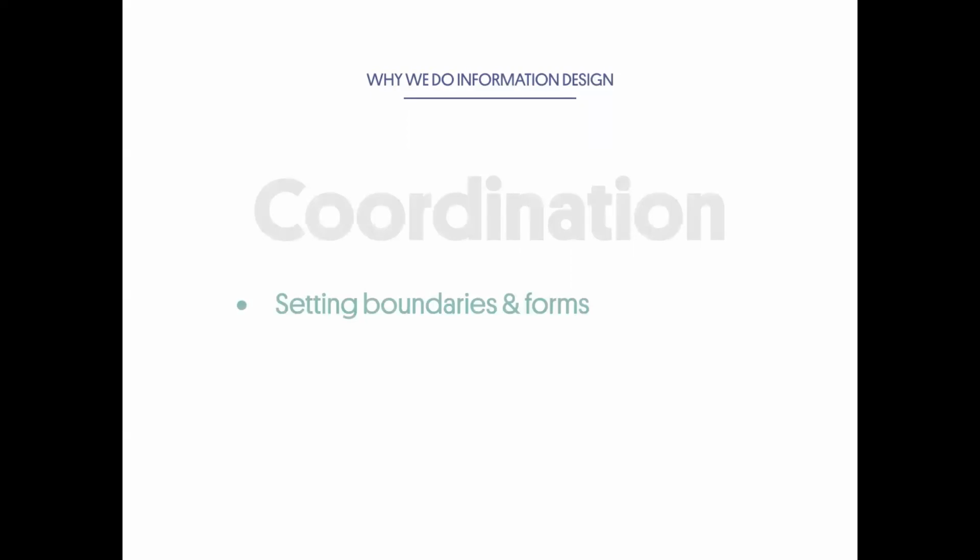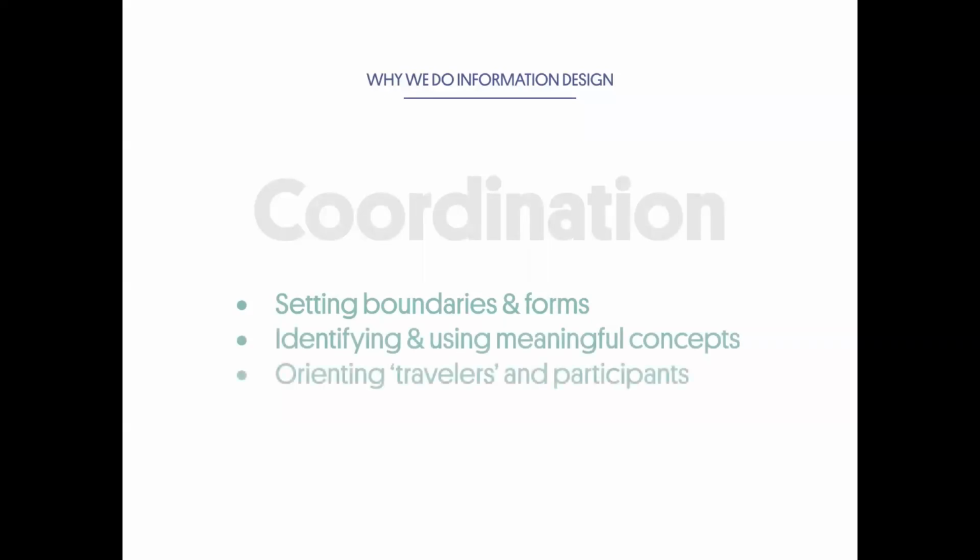For information design specifically, this means setting boundaries and forms, identifying and using meaningful concepts, orienting your visitors, your users, I like to call them travelers, and your participants, the people who are contributing content and information. And of course, planning for today and tomorrow, because nothing stays the same and everything changes. So you kind of have to have an idea of what to expect, and planning helps you do that.